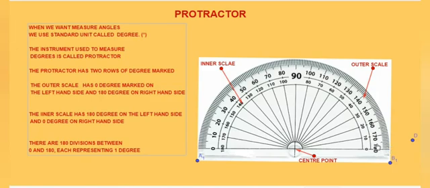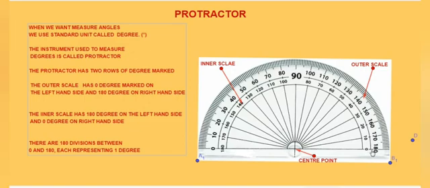The protractor has two rows of degrees marked. This is the outer scale. The outer scale has the 0 degree mark on the left side and 180 degrees on the right side. But the inner scale has 180 degrees on the left-hand side and 0 degrees on the right-hand side.